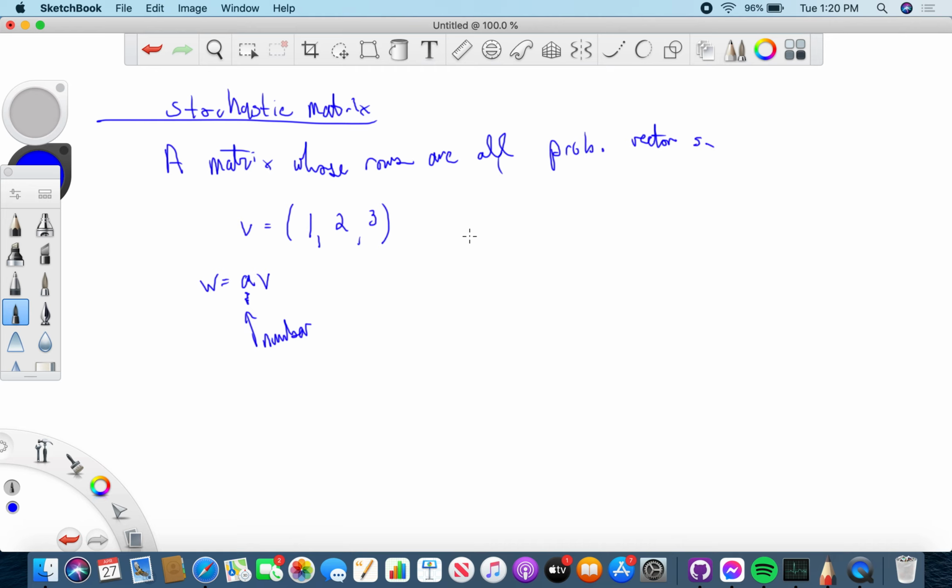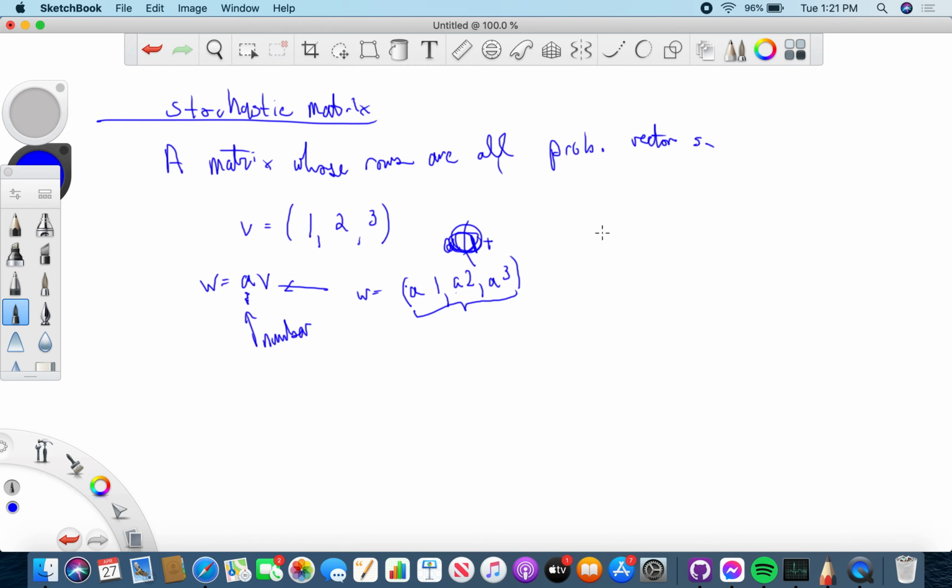So let's see. How about I multiply everything by a. Effectively what this says is that w is going to be a1, a2, and a3, because I'm multiplying vector v by a, and we want these values to sum to 1.